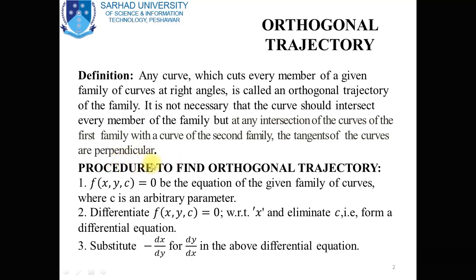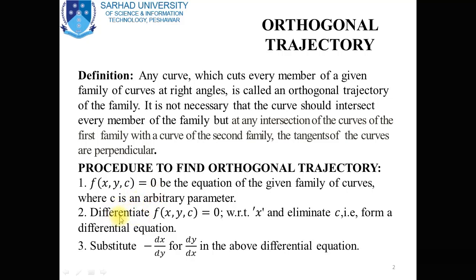Now, the procedure to find orthogonal trajectory, and I have already told you in the previous video lecture, is that we have an equation of the family of curves f(x, y, c) = 0, where c is an arbitrary parameter.